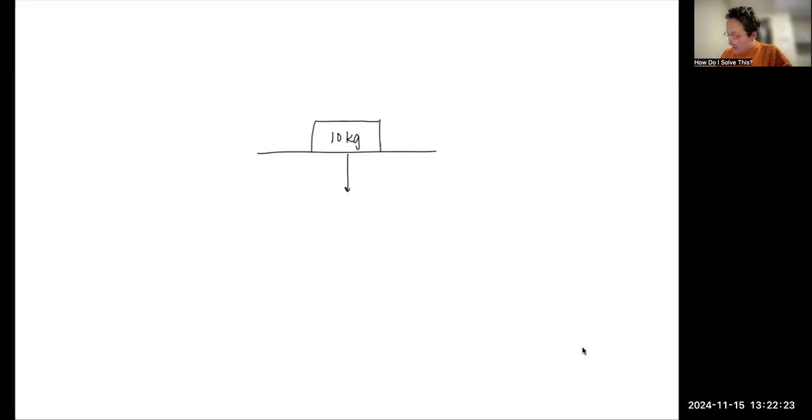It's got a force of gravity. It's got a normal force. It's got a force of friction. And let's say I'm pulling it with a force of 100 newtons. We'll say that the coefficient of friction between the box and the surface, mu, is going to be 0.2.